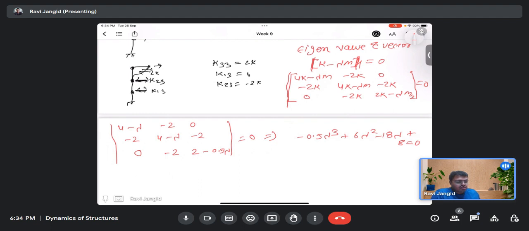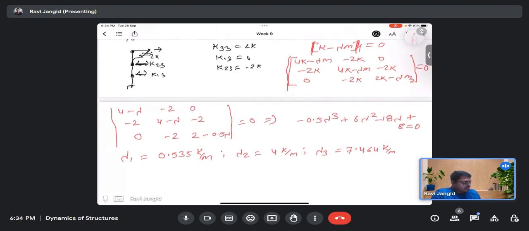If you solve this, you will get lambda 1 is equal to 0.535, with the factor K by M. Lambda 2 comes out to 4 K by M. Lambda 3 will come out to be 7.464 K by M.